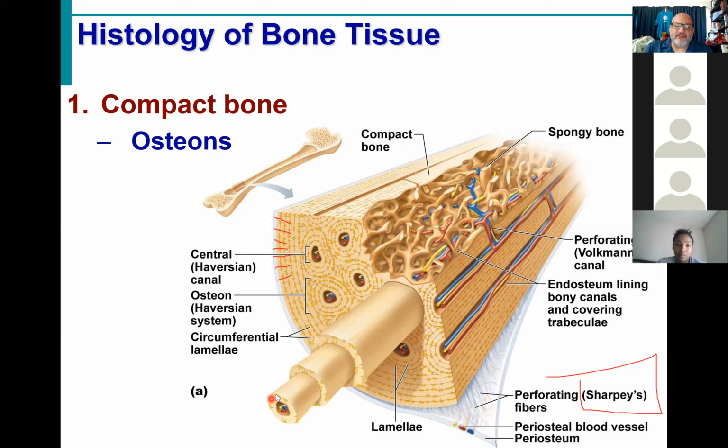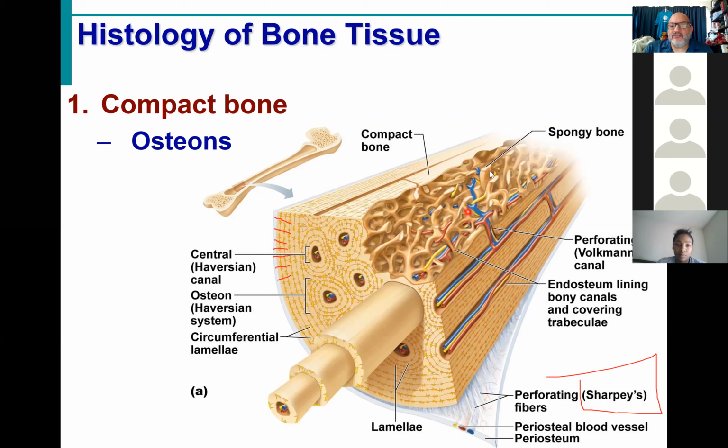Here, some of the layers of matrix have been pulled out for us so that we can see these. But notice on the inside of our long bone, we have all these irregular points and processes. There isn't just one repetitive pattern, right? This is a repetitive pattern we see again and again and again, but not here.